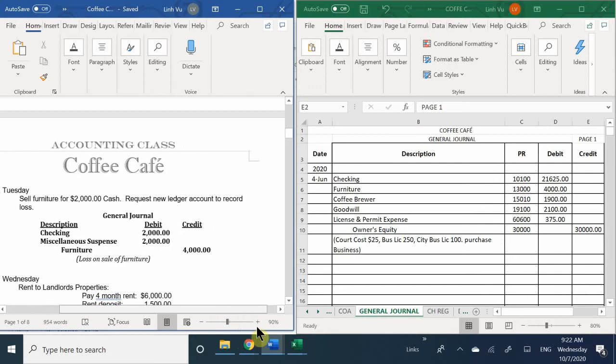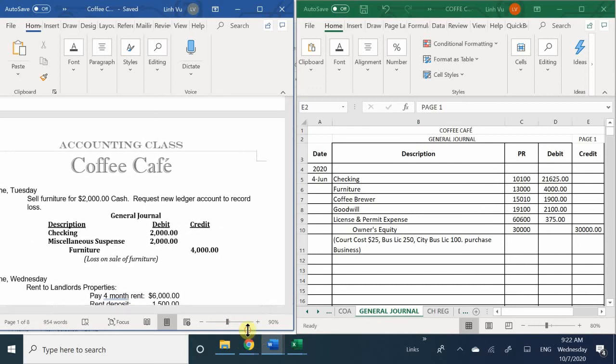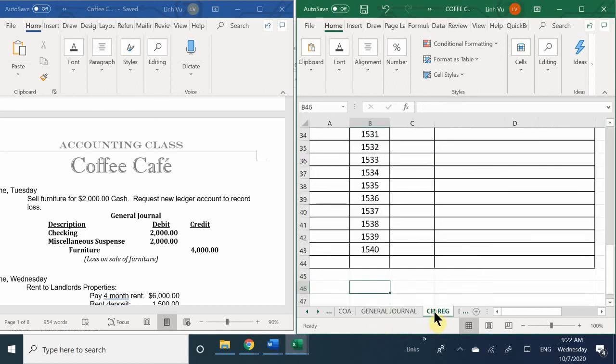Okay. Before we move on, let's go ahead and deposit the money into our bank account, because here we have to deposit the $2,000 cash as well, because we don't have a cash account. We only have a bank account. So in this case, I'm going to backtrack real quick. In your general journal worksheet or the deposits worksheet, you're going to have a check register.